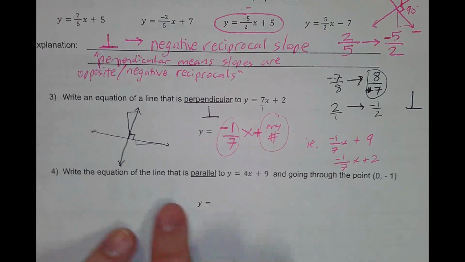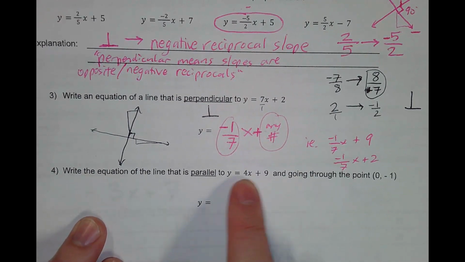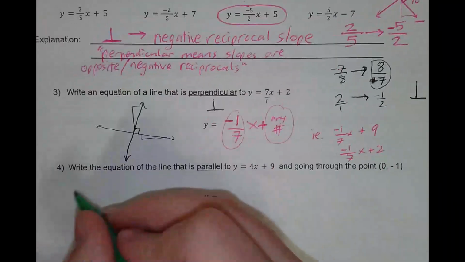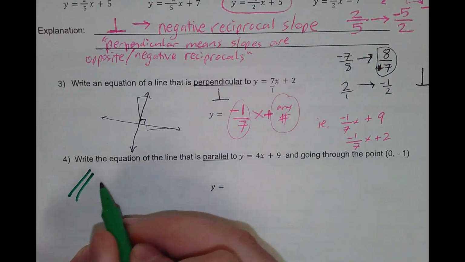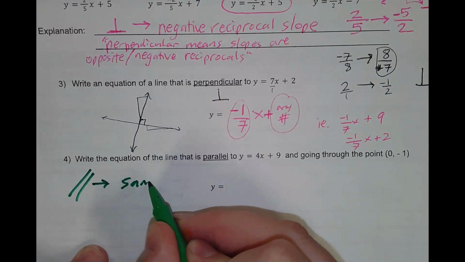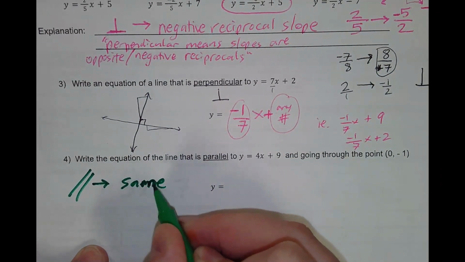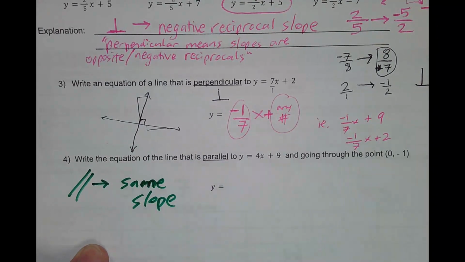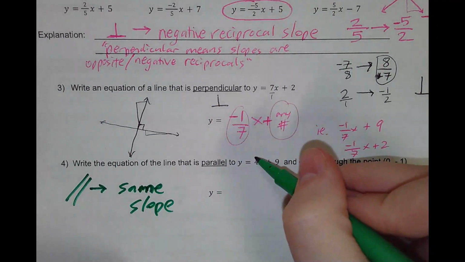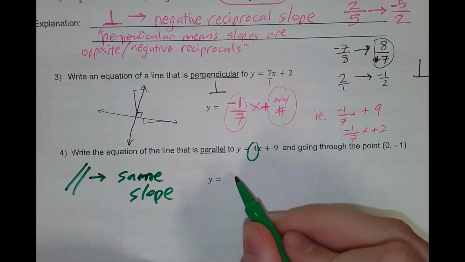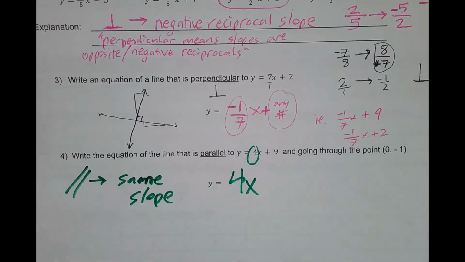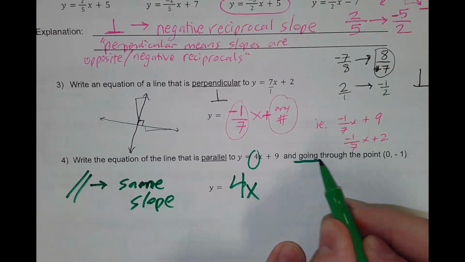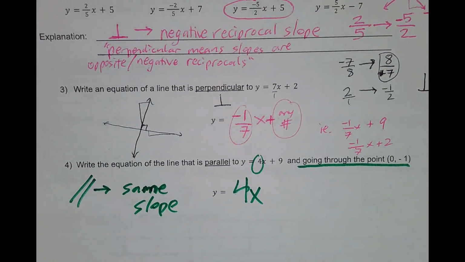Okay, number 4, it says write the equation of a line that is parallel to 4x. Well, what does parallel mean? Parallel means same slope. So we just have to make sure that we keep the slope of 4 the same. Here's the catch. It has to go through the point -1.